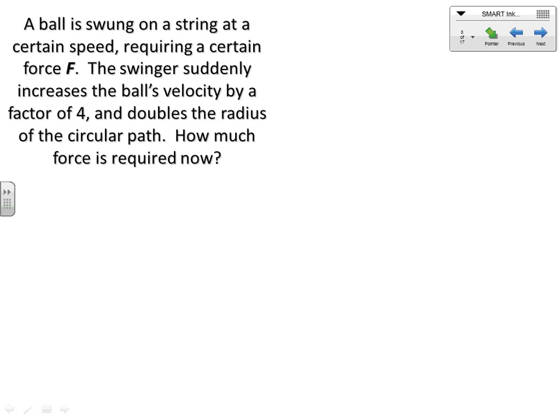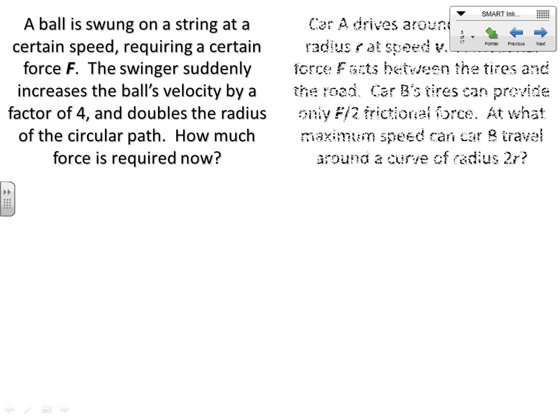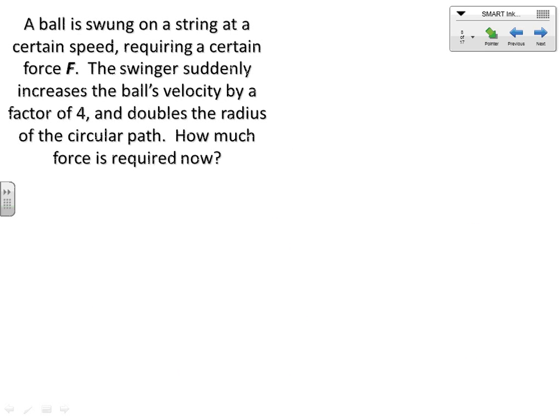Questions there? All right, a couple of questions like these, but where I change more than one thing. A certain force F is required to spin a ball in a circle at a constant speed. We increase the ball's velocity by a factor of 4.